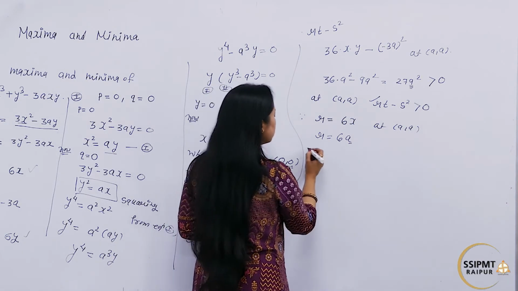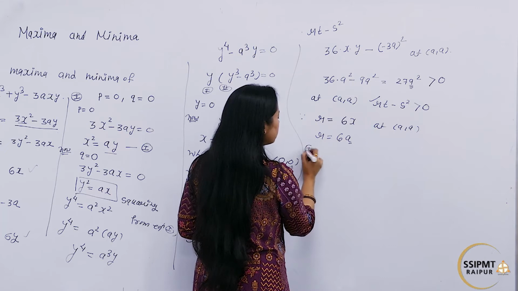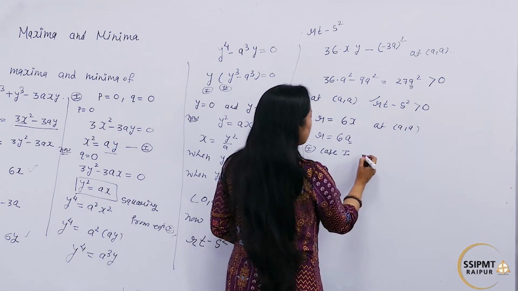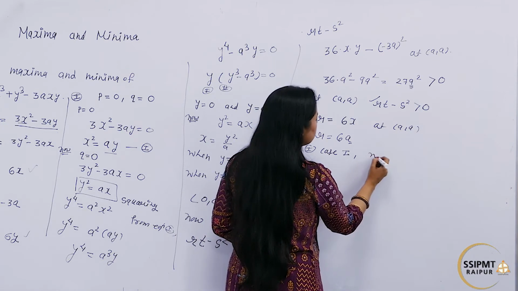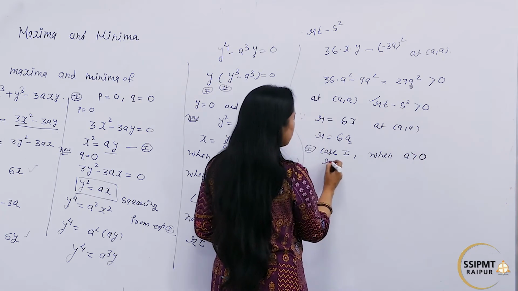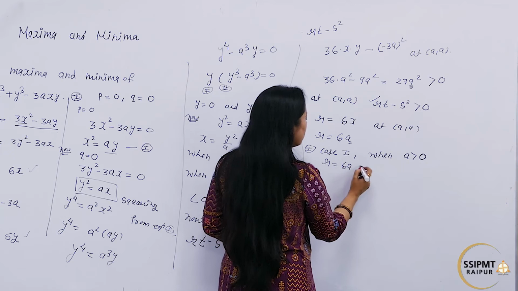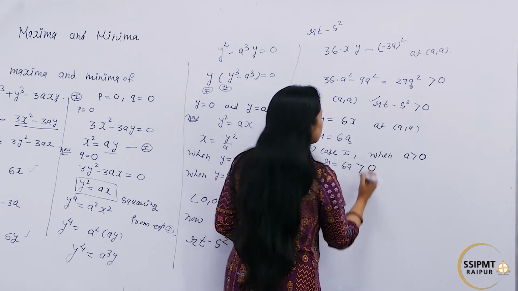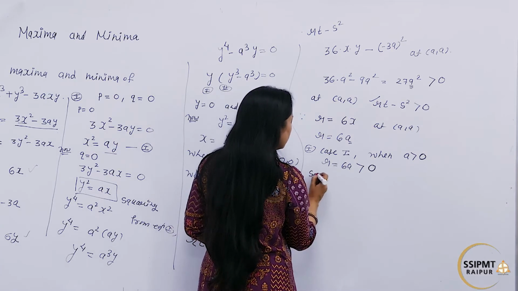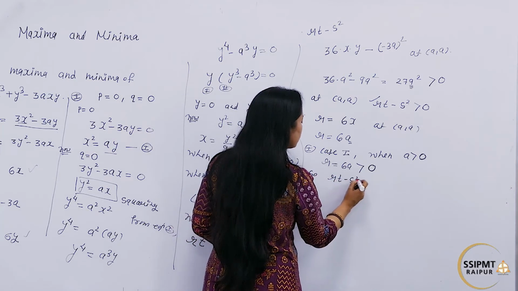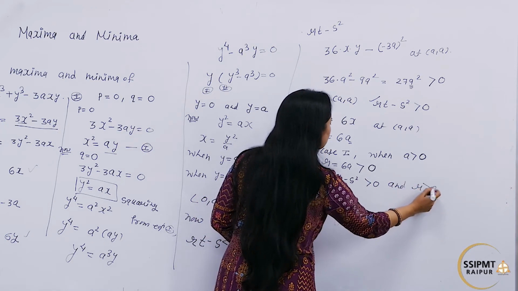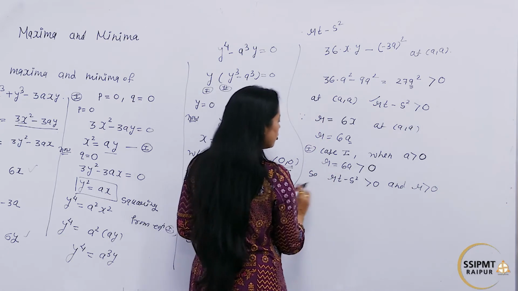So the question has been divided into 3 cases, and case 1 is when a is greater than 0. Then r will be 6a, so it is also greater than 0. So we have a case where rt minus s square is greater than 0 and r is also greater than 0. This case is of minima.